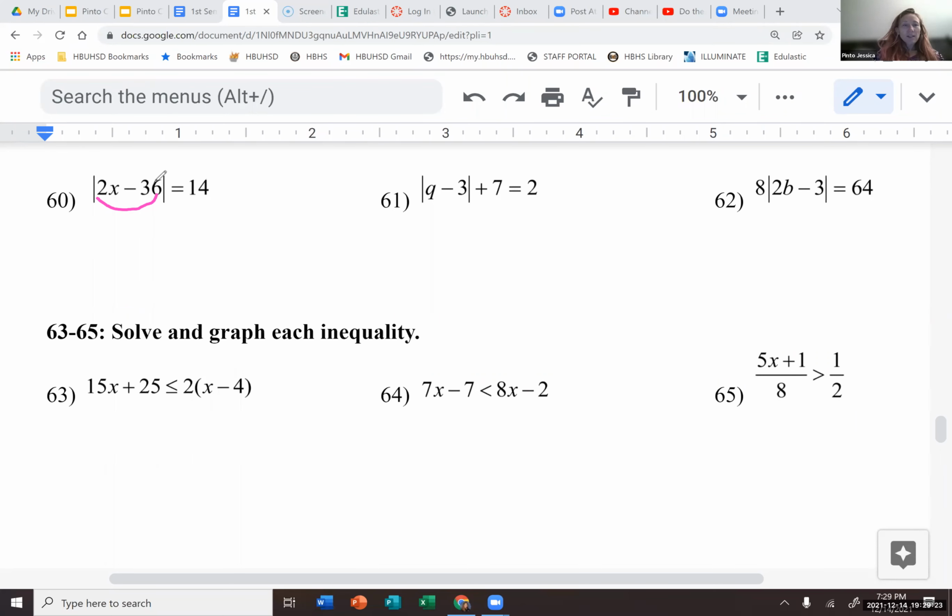So it's either going to be 14, of course, or it's possible that 2x minus 36 was equal to -14. And then when you evaluate it in the absolute value, it became positive. So we find both of the answers.